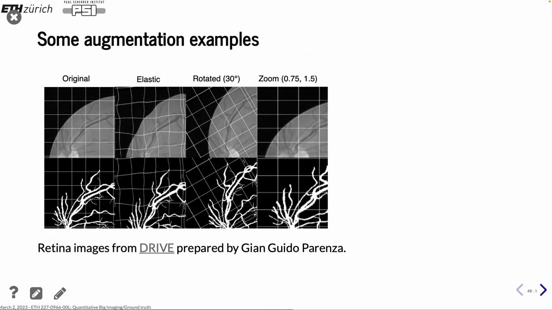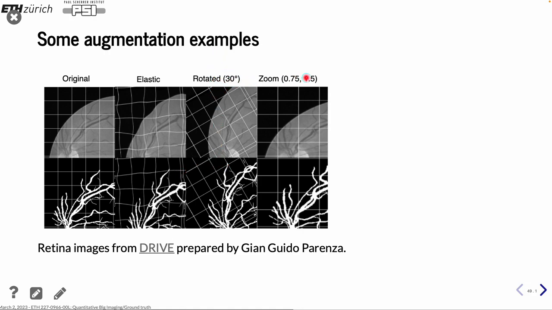So here is one example. It's retina images where you have an original picture here, and then the label image looks like this. And then we have some elastic deformation, so every grid piece is moving around. Then it's slightly changed here.